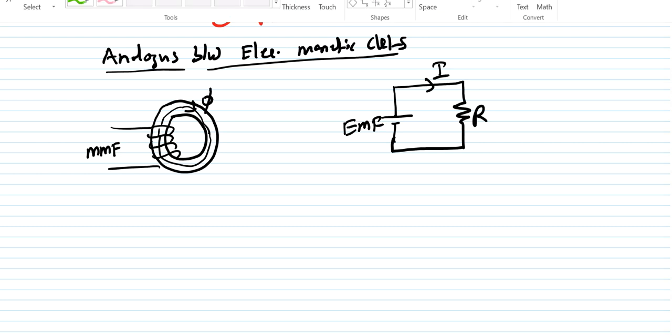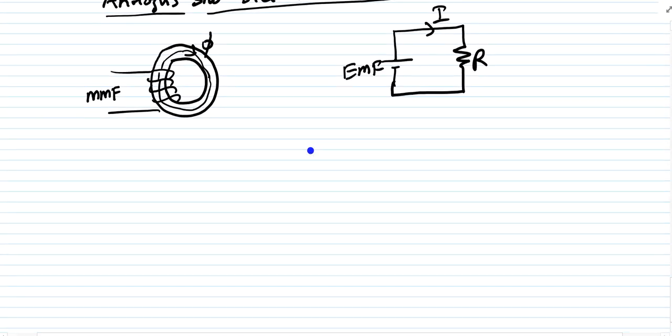From this you can write phi as MMF per the reluctance of the core.